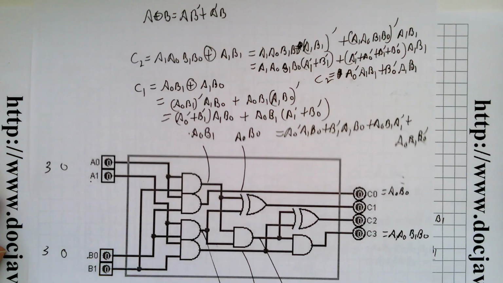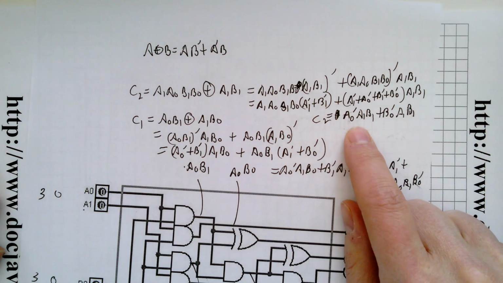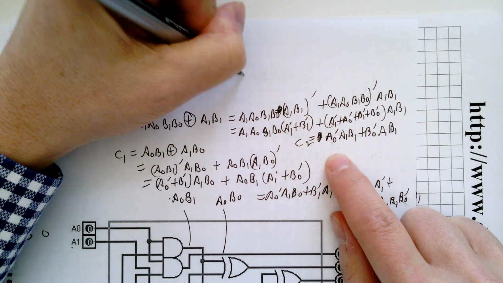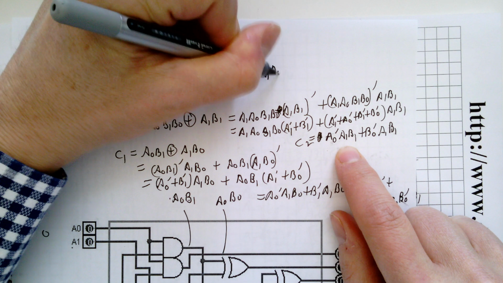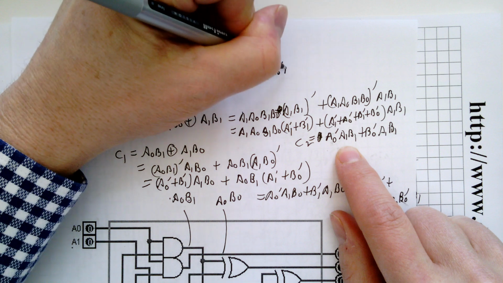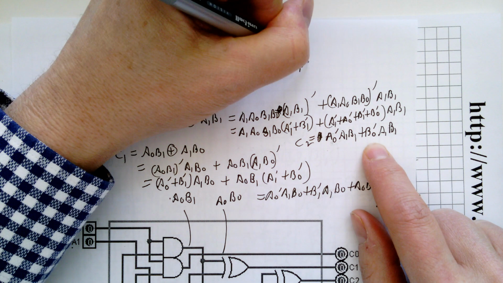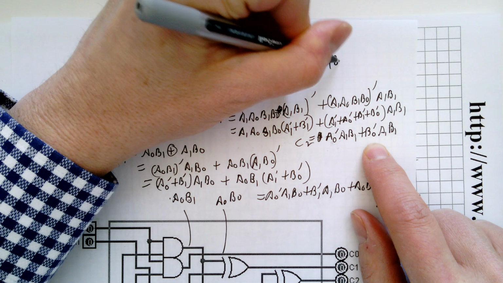Now we've got this much more complicated looking thing here. This is going to be true when we see the pattern. Let's rearrange this a little bit. C2 equals A1, A0 prime, B1, or A1, B1, B0 prime.